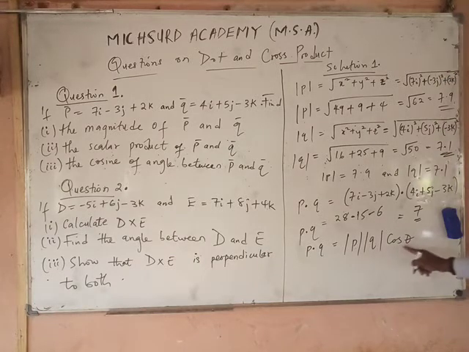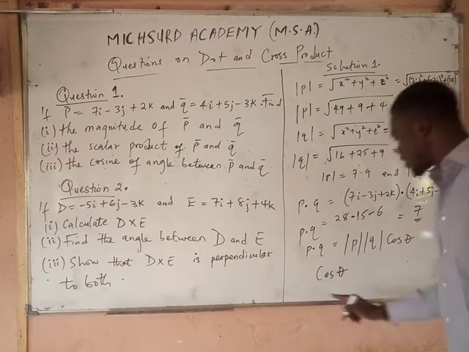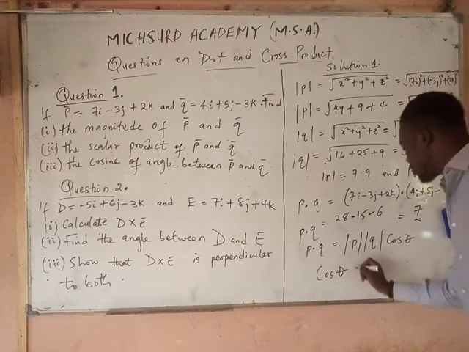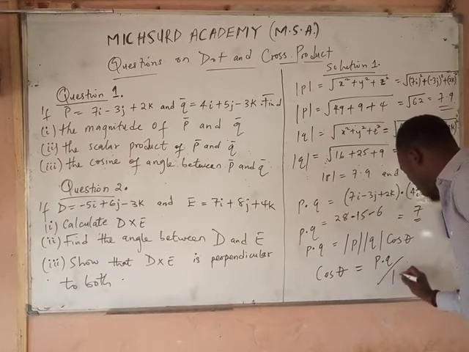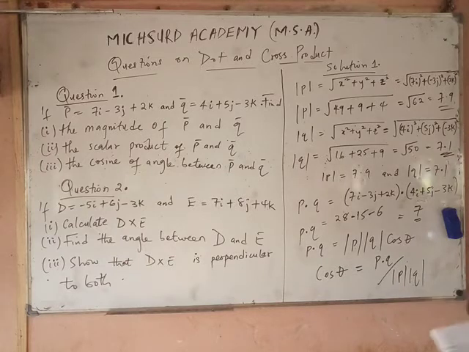So if we make cos theta the subject of the formula, since that's what we are asked to find, it will be equal to p dot q all over the magnitude of p times the magnitude of q.